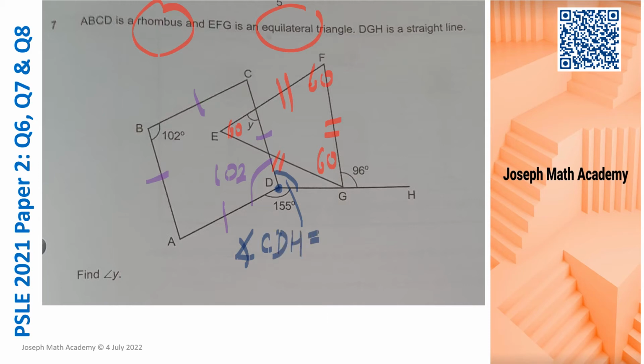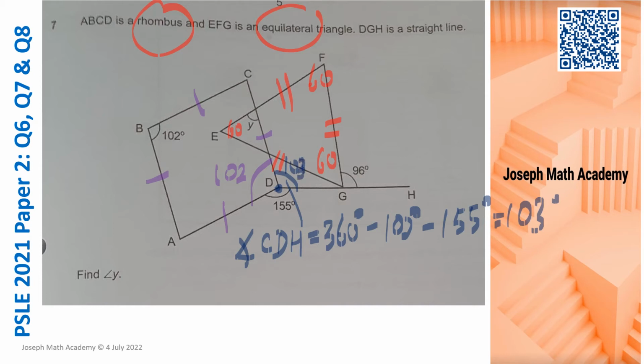So angle CDH is at a point. So we just take the sum, which is 360 degrees, subtract 102, subtract 155, and angle CDH is found, is 103. So I shall plug in 103 into my diagram.